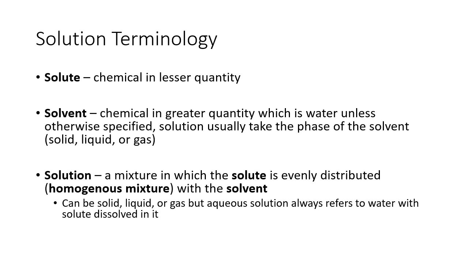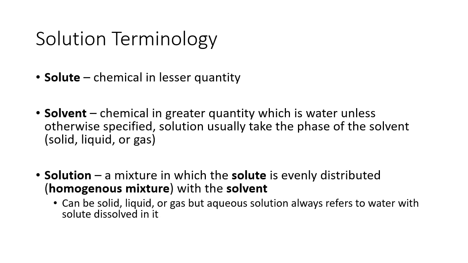So to start out, a solute is a chemical in lesser quantity in a solution. A solvent is a chemical in greater quantity, which, if it's not specified, it's water. And the solution usually takes the phase of the solvent, whether that be solid, liquid, or gas.